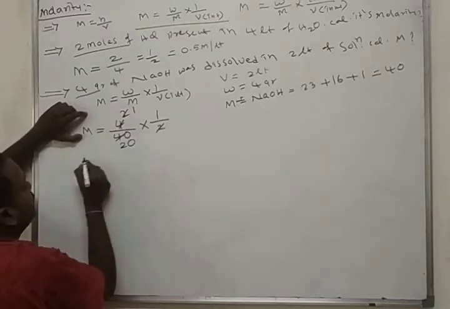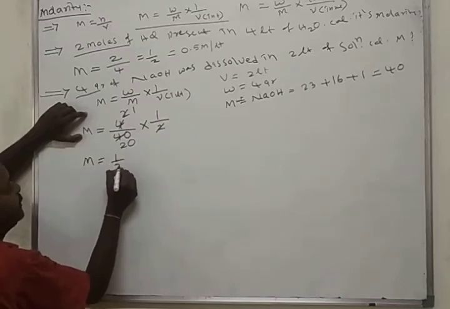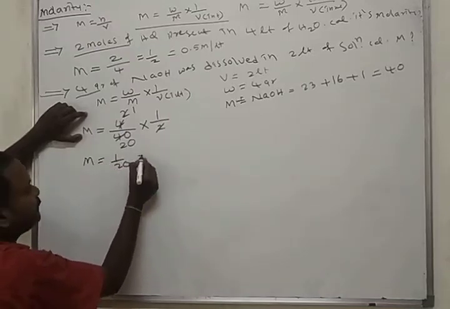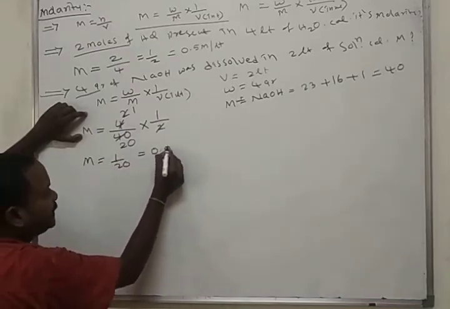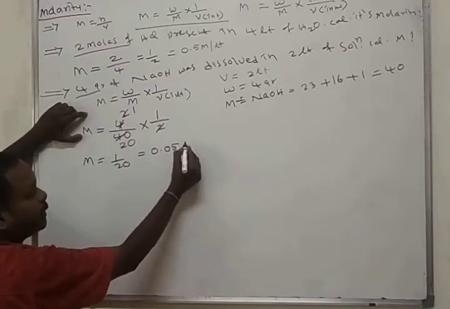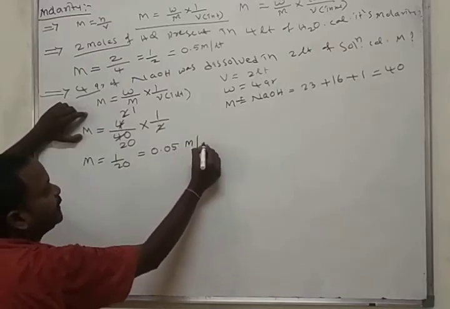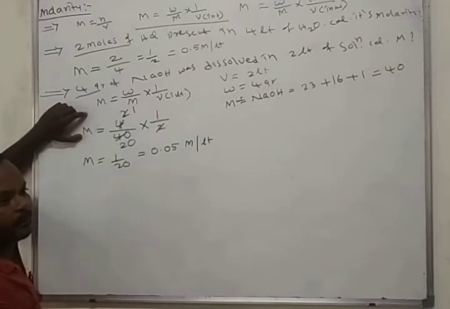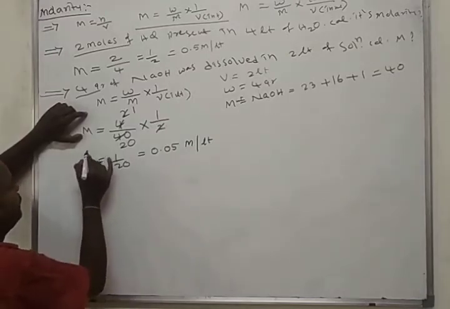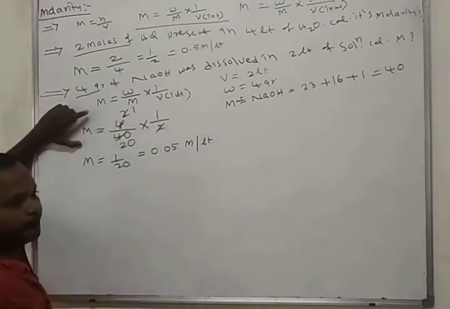Here we got 1 by 20. 1 by 20 means 0.05 moles per liter.